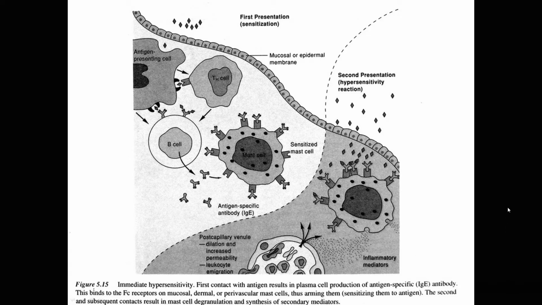On some occasions, the degranulation of mast cells may be produced by complement fragments C3a and C5a, known as anaphylatoxins, by some drugs such as morphine or codeine, and by bee venom.